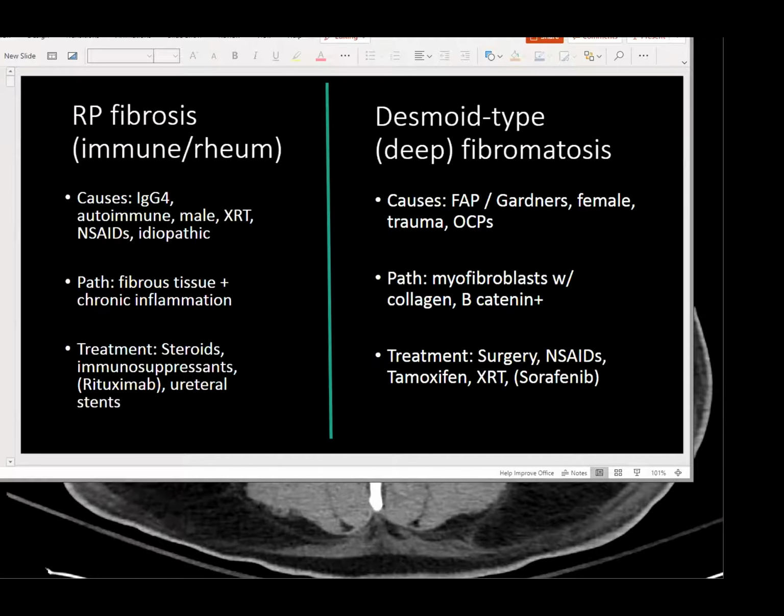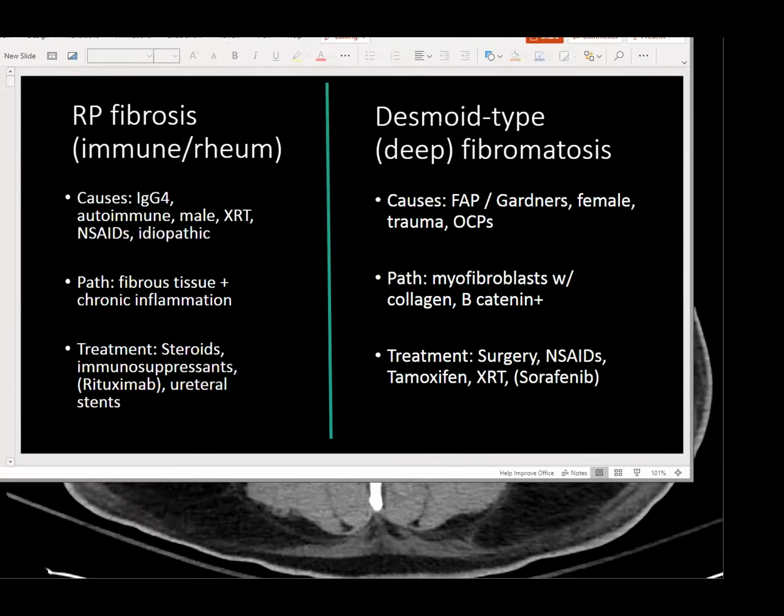So you might do surgery if it's aggressive, although sometimes they'll just conservatively manage these because they tend to recur, because they can be infiltrative, and the edges often have positive margins. And you can treat these with NSAIDs, tamoxifen, and radiation. And there's a couple of newer agents that they're using with more aggressive cases.